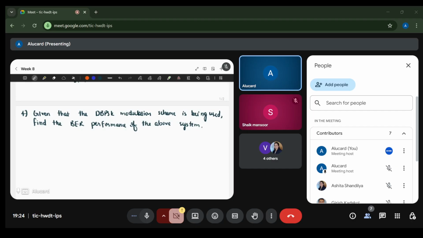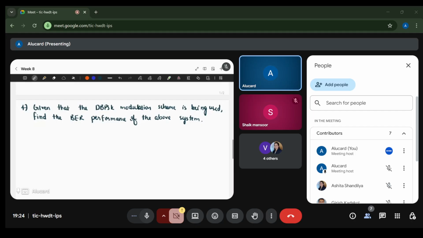Okay. For DBPSK, the bit error probability, P error DBPSK fading, is given by half of psi of gamma MRC of s evaluated at s is equal to -1.